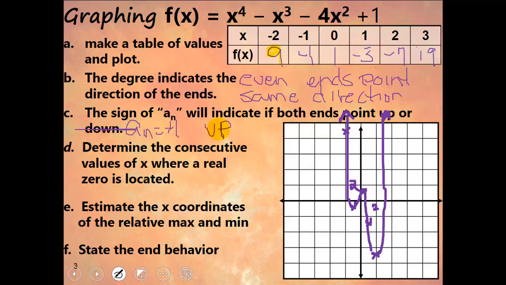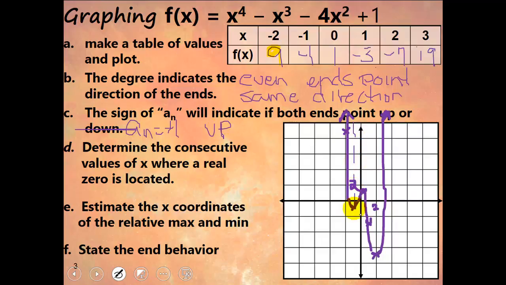All right, now we will be asked to determine the consecutive values of x where a real 0 is located. So does it cross or touch the x-axis? That's what we're looking for, and we're going to be looking for the consecutive integers. We can use interval notation on this. So remember, we're going up by 2's.